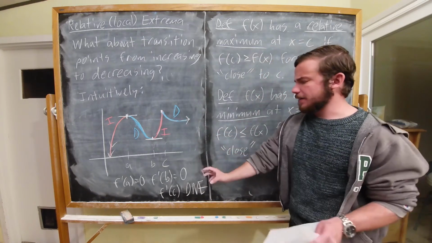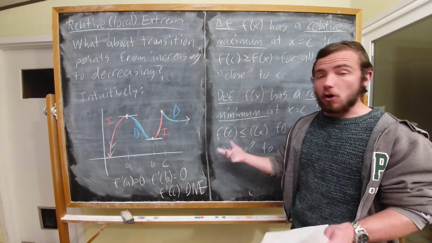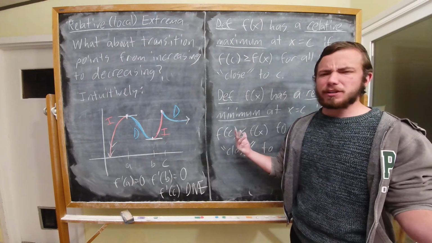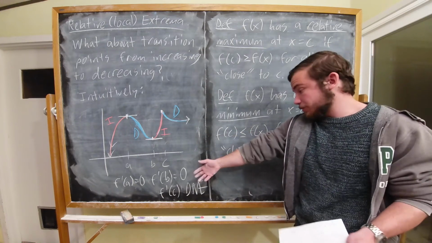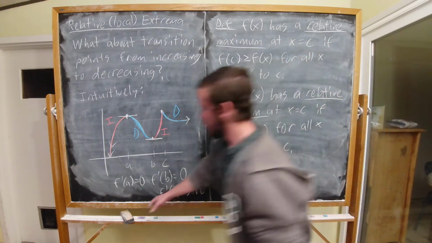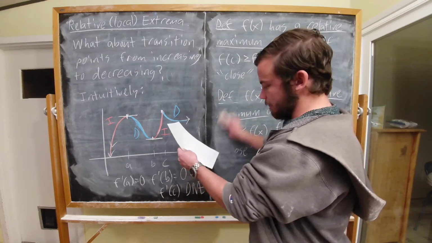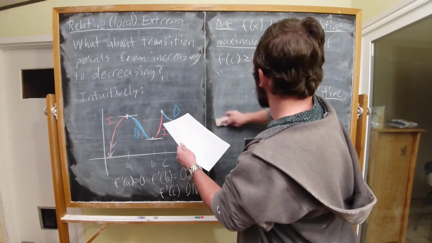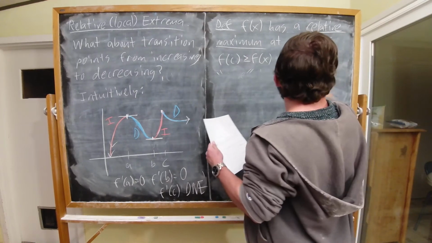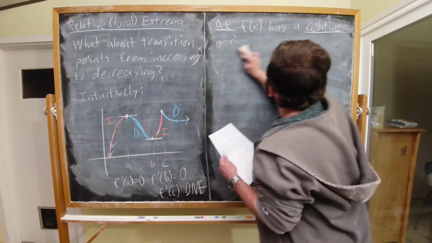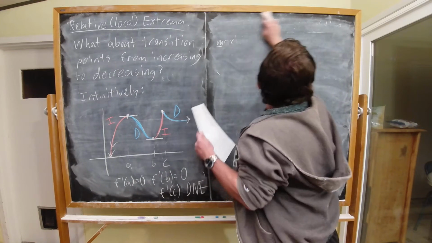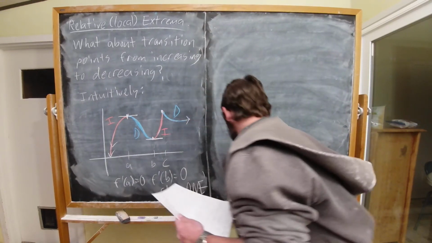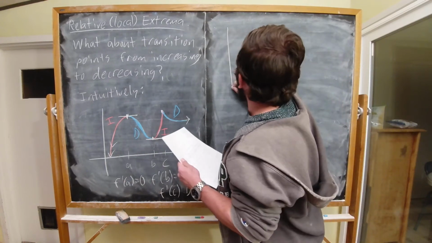You might say, okay, is that going to find all possible maximums and minimums? And is every point where that happens a maximum or minimum? The answer to both of those questions is no, unfortunately. Here's our problem with that.